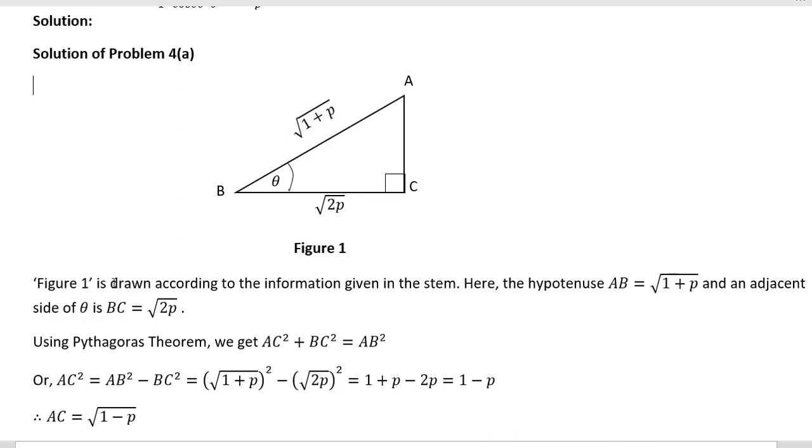Here the hypotenuse AB is equal to root over 1 plus P, and the side adjacent to theta, BC, is equal to root over twice P.